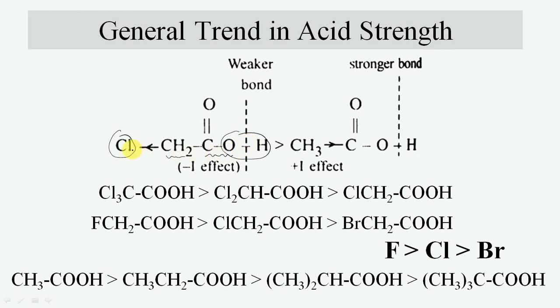Thus, the presence of chlorine in chloroacetic acid makes it a stronger acid than acetic acid, while in acetic acid, the methyl group acts as an electron donor, so it increases the electron density on this bond, and finally the breakage of this bond becomes difficult.